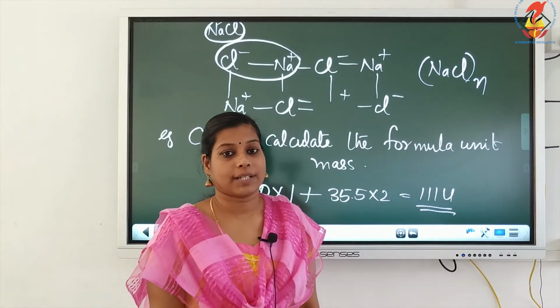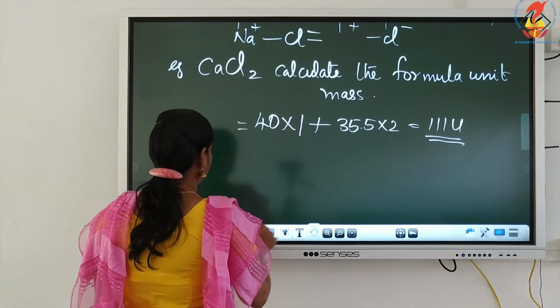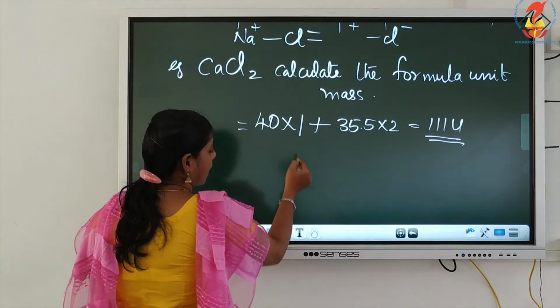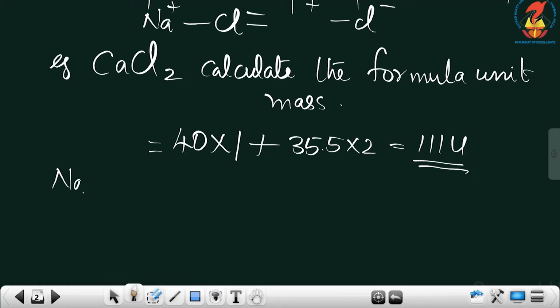Hope you understood it. One more example: calculate the formula unit mass of another ionic compound, sodium sulphate. If you do not know the formula, you have to derive it. Sodium is Na and sulphate is SO4.